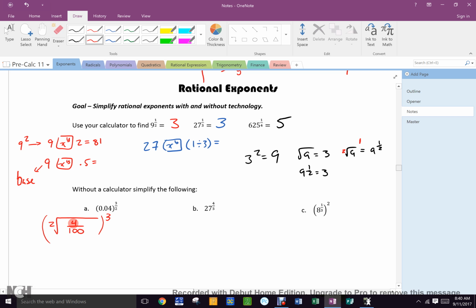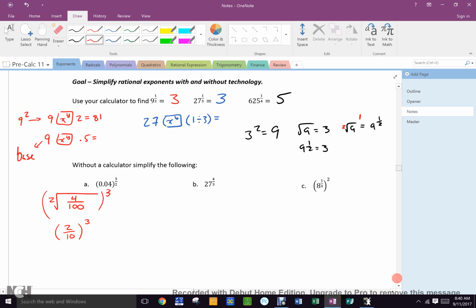Because it allows me to show you a quick shortcut. What is the square root of 4? 2. What's the square root of 100? 10. So this is really 2/10 cubed, isn't it? Right? But is 2/10 something else? That's 1/5 cubed, isn't it?